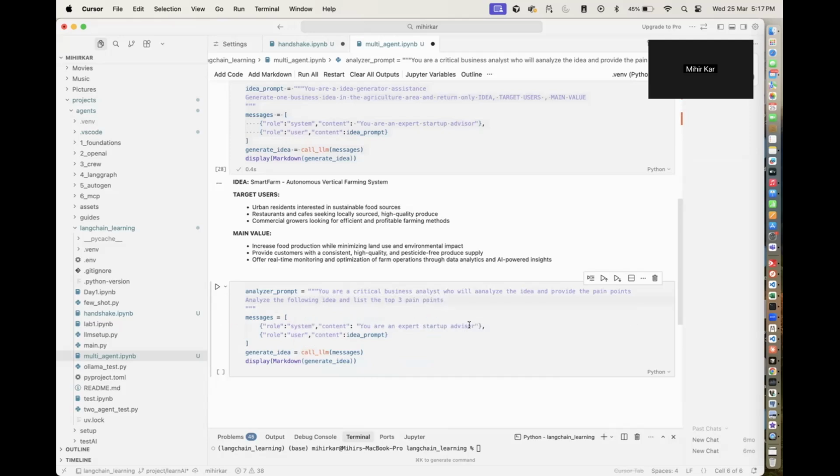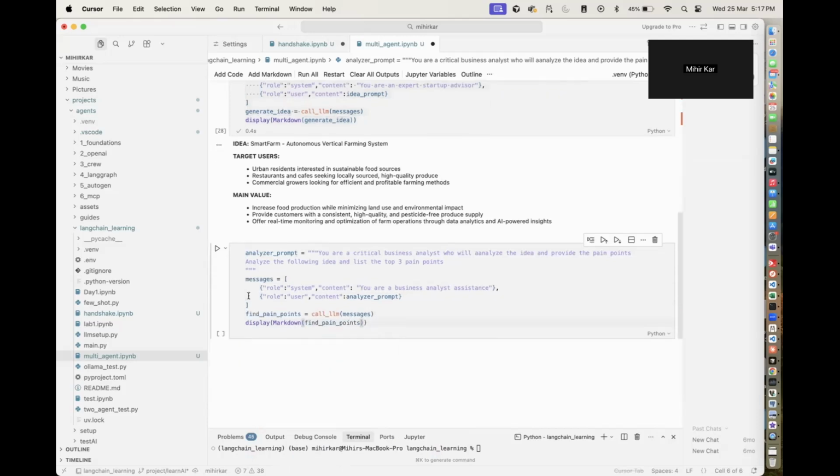So here you have the analyze assistant, analyze prompt. Then we will find pain points, call the message, then display the pain points.